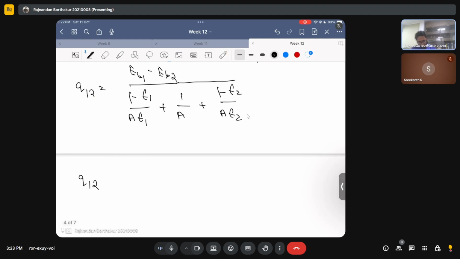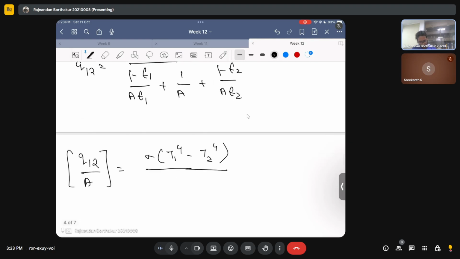So this is going to be the Q12 by A is sigma times of, so EB1 is going to be sigma times of T1 raised to the power 4 minus T2 raised to the power 4, which is nothing but the individual emissive power of bodies 1 and 2.